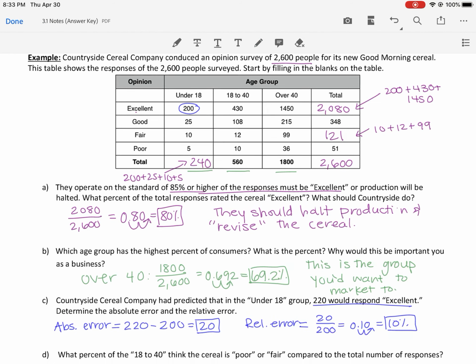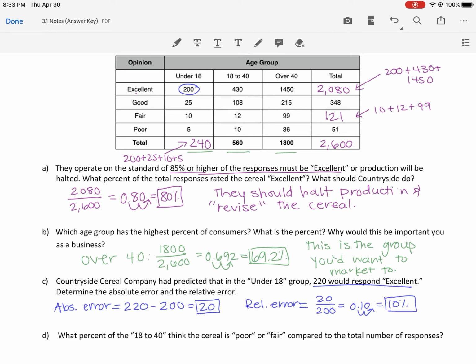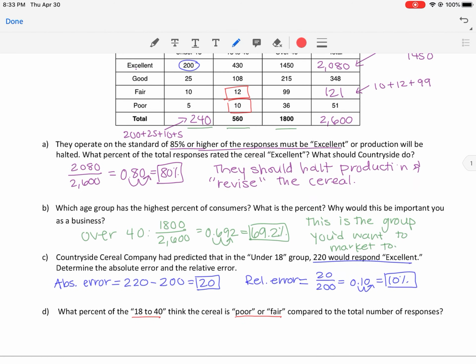Okay, the last one asks what percent of the 18 to 40 group think the cereal is poor or fair compared to the total number of responses. In this case, we are just looking at the people who are 18 to 40, and we want to see if they think it was fair or poor. So we're just looking at those two boxes in red.